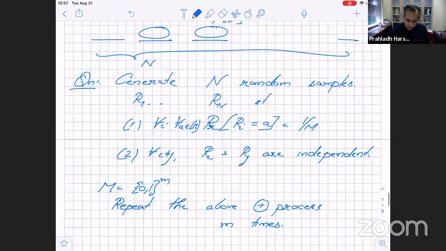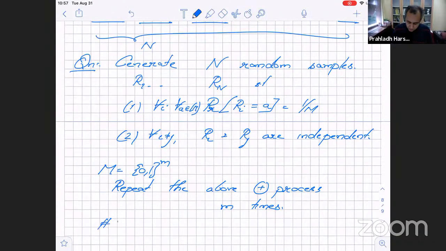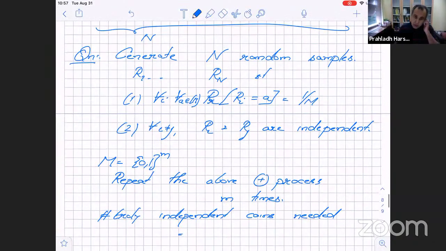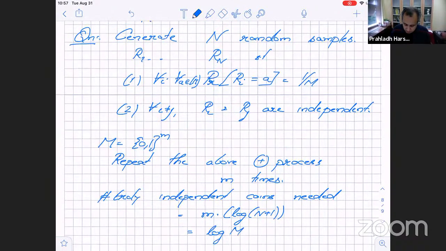Recall the total number of truly independent random coins needed. I require m, since I'm doing this m times, and each one requires log of n plus 1. So this is roughly m times log of n plus 1 random coins.